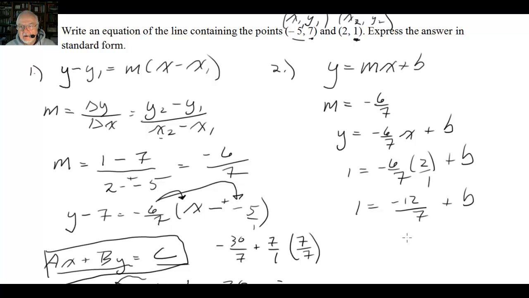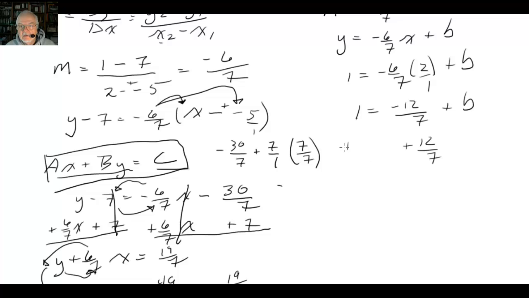Okay, so now I have to add 12/7 to both sides, plus 12/7. Well, this is the same as 7/7, right? 7 and 12 is going to be 19/7. That's going to equal b.